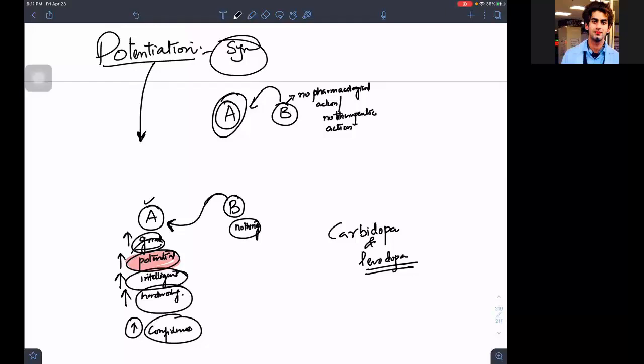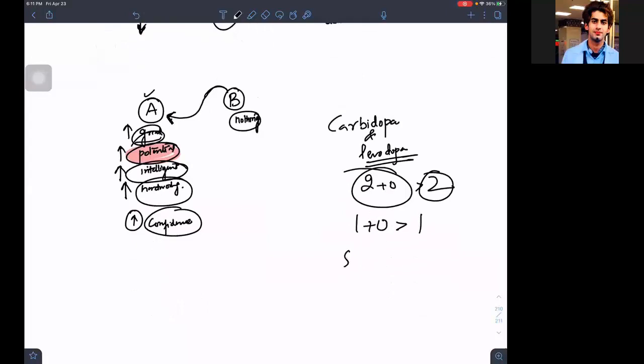So carbidopa is only inhibiting the enzyme. That means I am having 2 plus 0 effect, but 2 plus 0 is getting greater than 2. 1 plus 0 is getting greater than 1. 5 plus 0 is getting greater than 5. That means I have increased its effect while being 0. So I was 0, you were 1 or 2 or 3. That's the example I'm writing here.